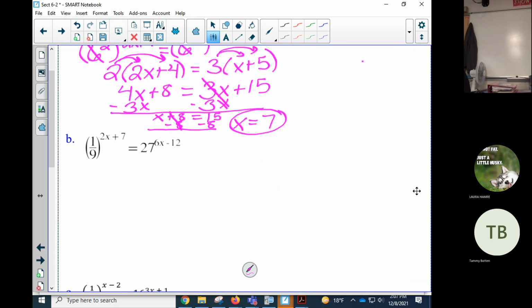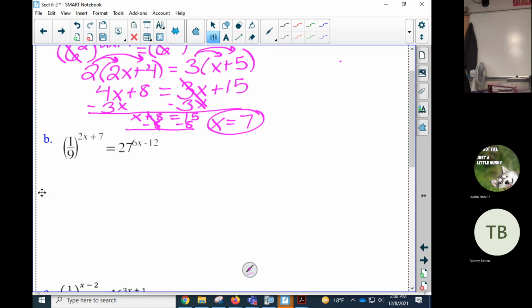Now this next one looks a little bit different, and the only thing is, we're going to do it one little step different, but you're really just looking at what same row are 9 and 27 on? 3, right? What is 9 as a power of 3? 3 squared, right?